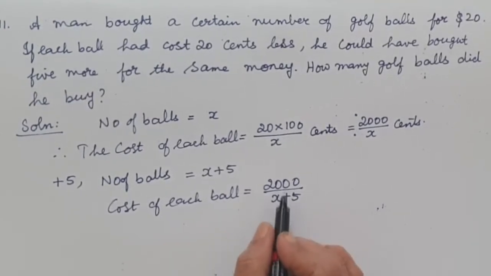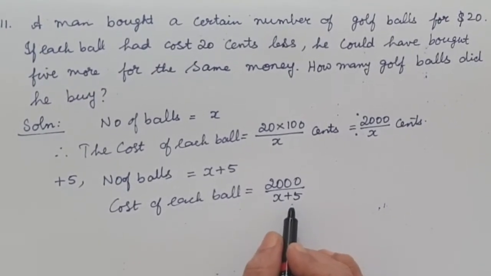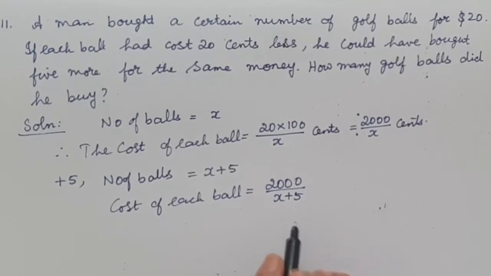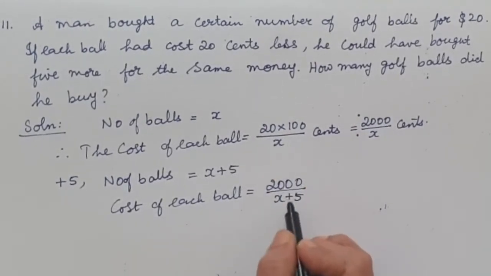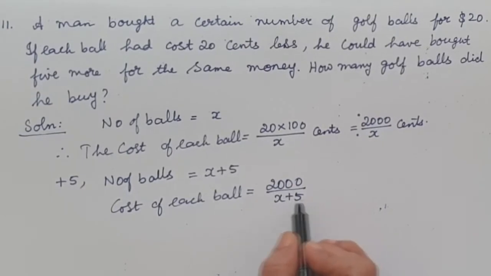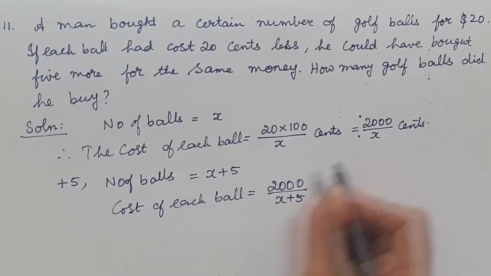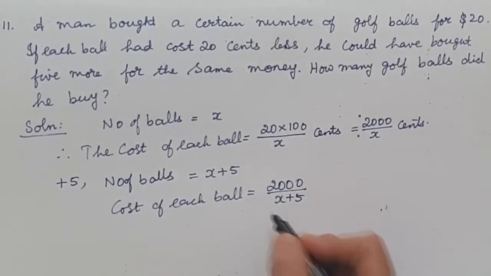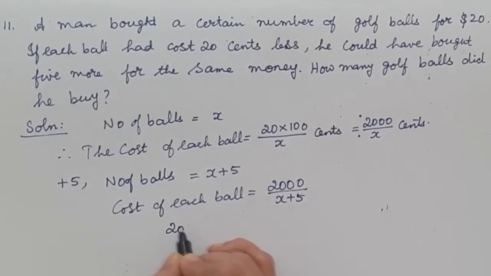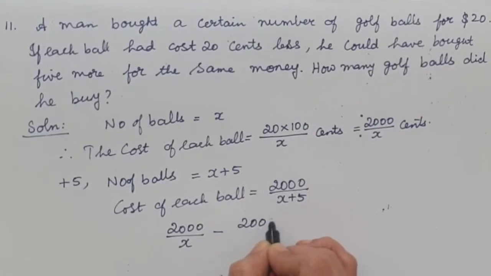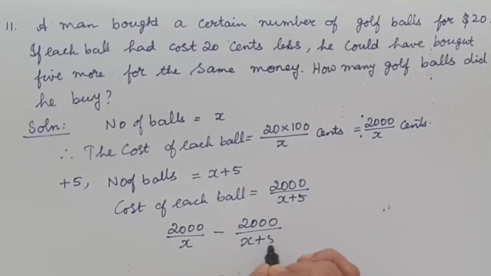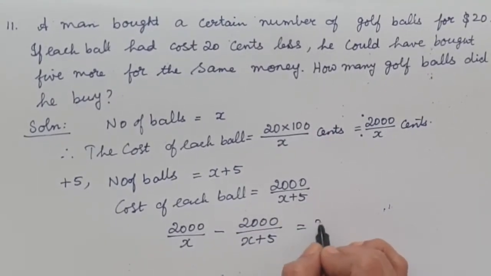So, the cost will be divided by the total number. The new price is 20 cents less than the original price. So, now this new price is 20 cents lesser, so this is a smaller number. So, if you subtract these two, the answer will be equal to 20. So, it will be 2000 over x minus 2000 over x plus 5 will be equal to 20.